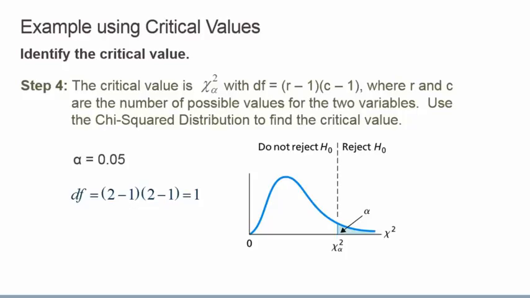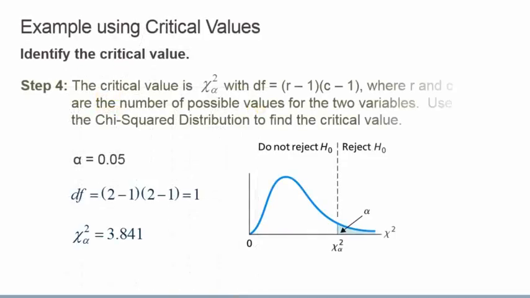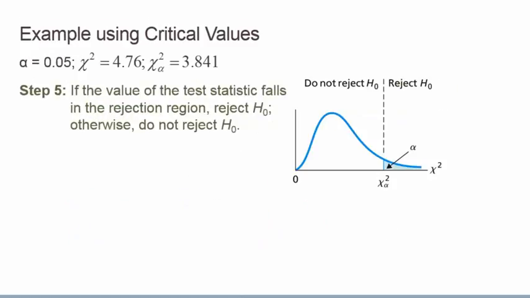Going to my table, my first row is degrees of freedom 1. I want the column that has chi-squared sub 0.05, and they cross at 3.841. Chi-squared sub alpha equals 3.841. Step 5. If the value of the test statistic falls in the rejection region, reject H sub 0.